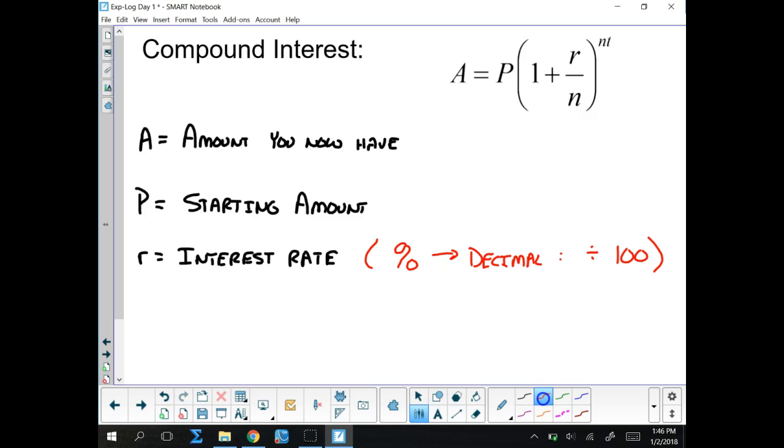Okay? When you're going from a percent to a decimal, moving it over 2 spots to the left. T is your time. And in this formula, it's in years. Always in years. Okay?